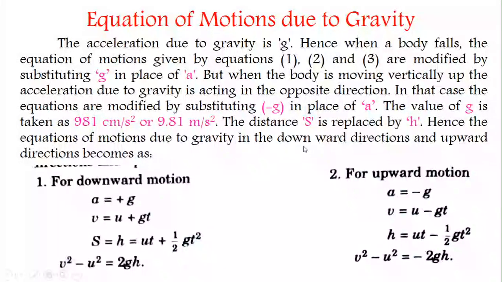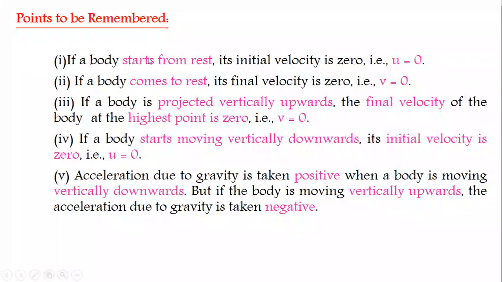Next, some points you have to remember. First, if the body starts from rest, the initial velocity is 0, that means u equal to 0. If the body comes to rest, the final velocity is 0, v equal to 0.